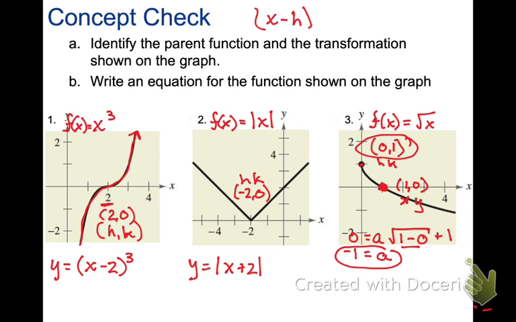Yes. Okay, so Y equals negative 1 square root of x minus h, plus 1. But what's H? 0. So do I need to put it in? No. Do you want me to put it in so you can see it?